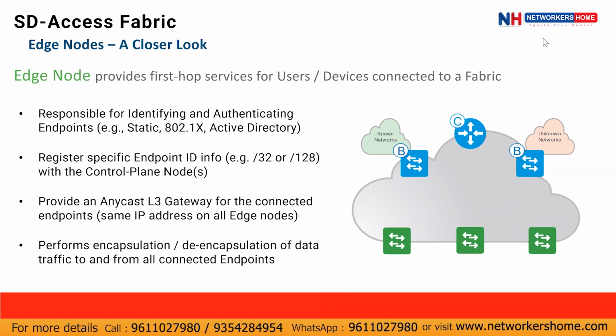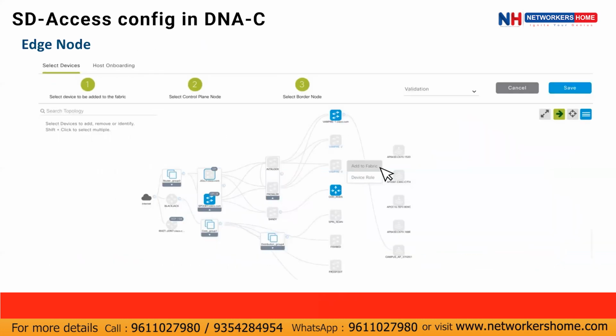So this is all about the edge node. In DNA Center, you just need to click on that specific edge node and use the option of add to fabric. When the device is blue, it is a part of the fabric.